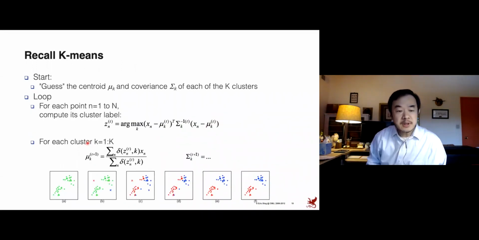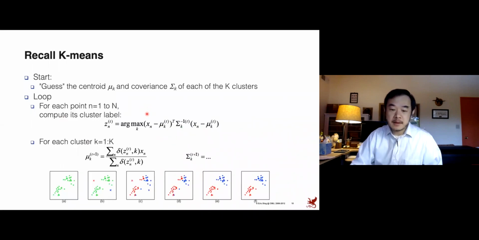So let's first recall the k-means. If you look at these two equations in here and in here, the differences are quite explicit, but not very strong. Here, the z is a discrete assignment that you do an argmax of this.